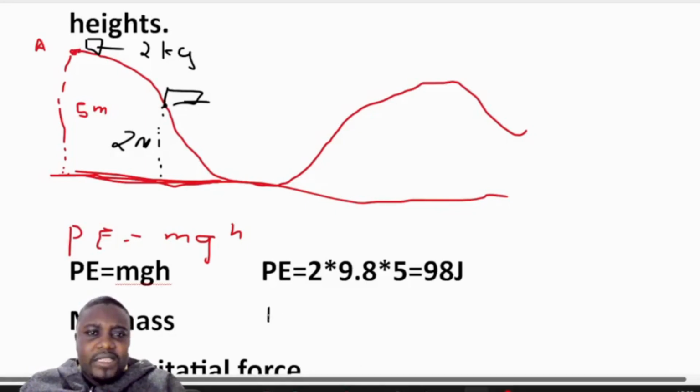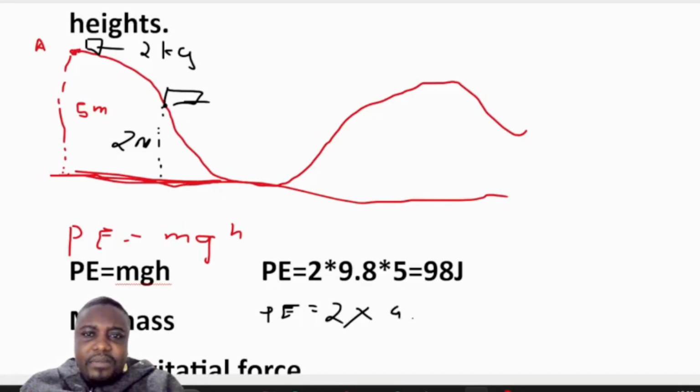our PE now is going to be equal to the mass, which is still the same, 2, multiplied by the gravitational force, which is still the same, 9.8, and multiplied by the height, which now decreased to 2.